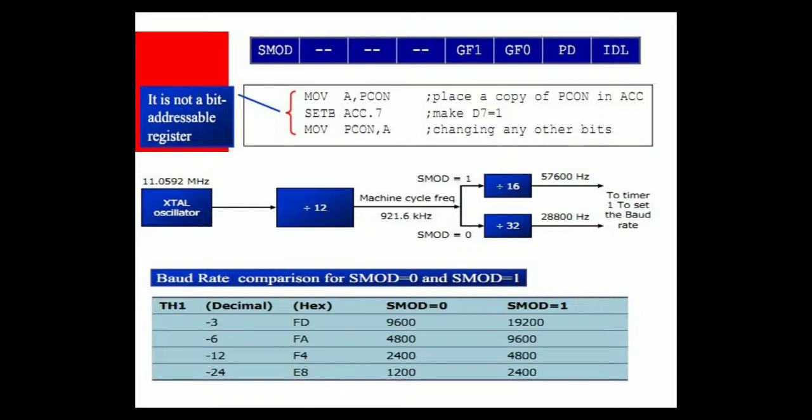So instead of 28,800 as the serial communication frequency, we now get 57,600 Hertz for your serial data transfer. That gives the facility to double the existing baud rate. This is available in the hardware to double the baud rates without any change in the existing architecture of the 8051. This is an important concept.